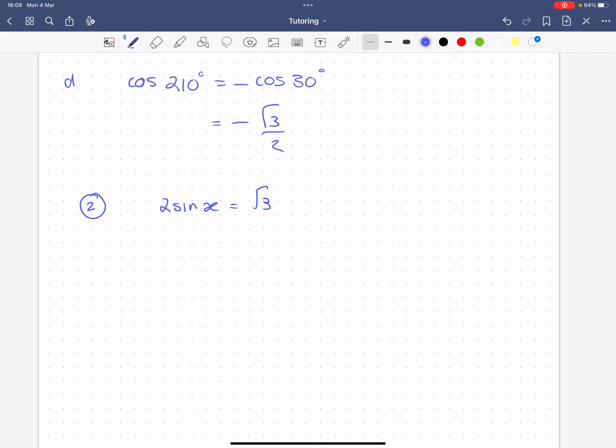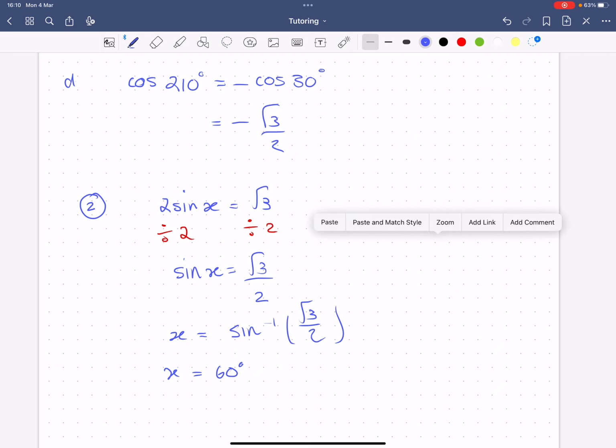So we're going to apply that ability to trigonometry, and we're going to make sine of x the subject by dividing both sides by 2. So that tells us that sine of x is root 3 on 2. Now, we're finding an unknown angle, x. To do that, we're just doing inverse sine of root 3 on 2. And if you do that, you get 60 degrees.